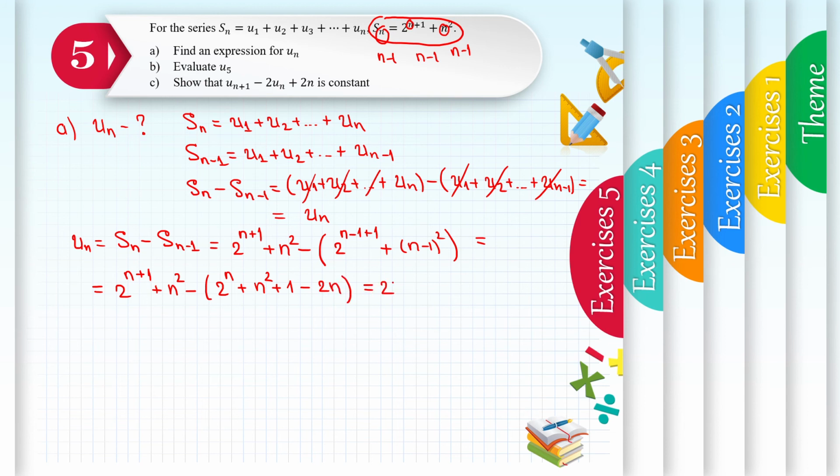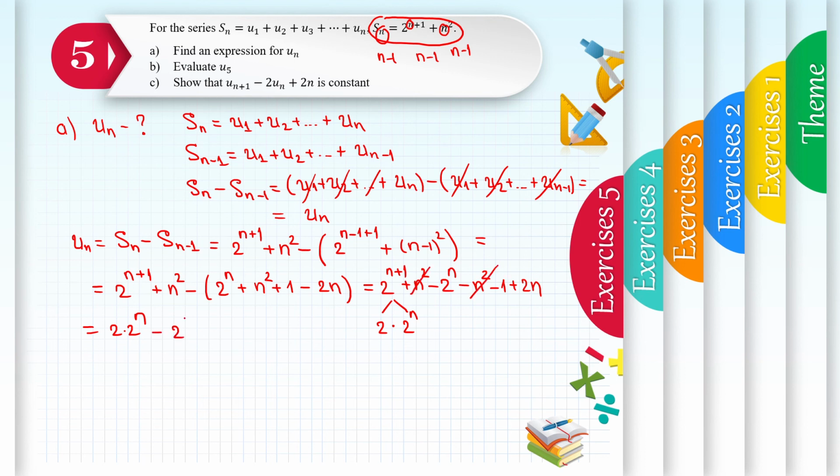So opening the brackets, we'll get 2 to power n plus 1 plus n squared minus 2 to power n minus n squared minus 1 plus 2n. Now, 2 to power n plus 1, we'll write as 2 to power 1 multiplied with 2 to power n. So 2 multiplied with 2 to power n, plus n squared minus n squared is 0.